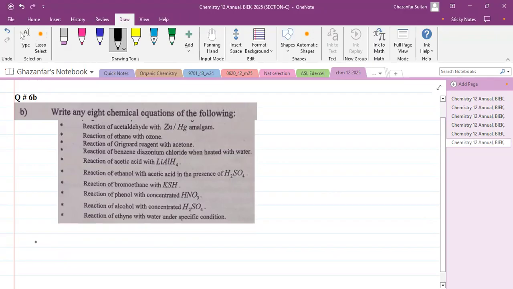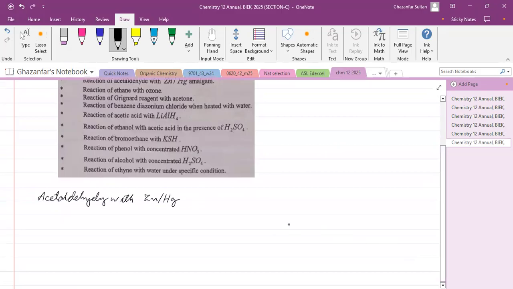So first one is the reaction of acetaldehyde with zinc amalgam.